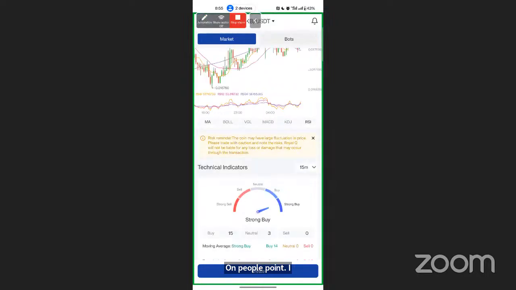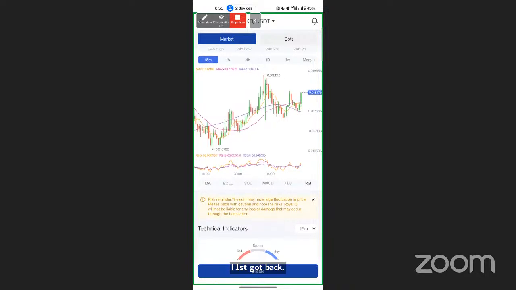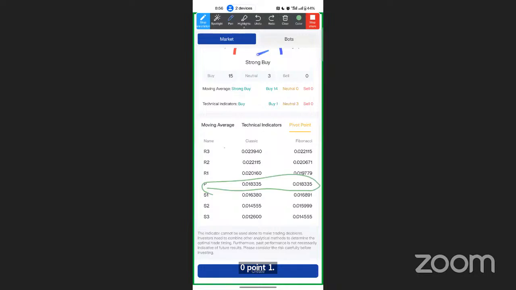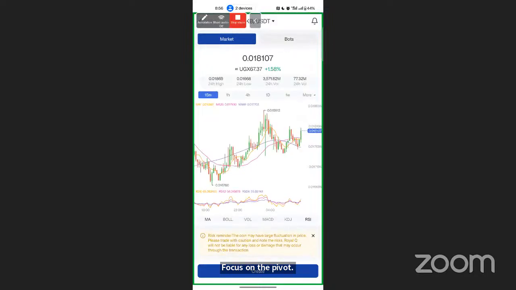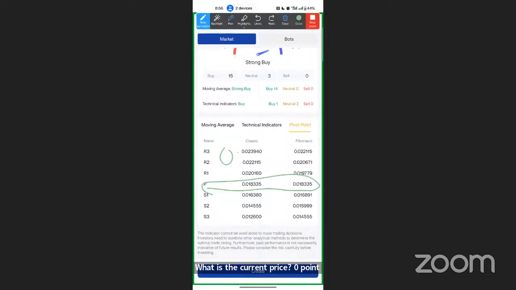I first go back, look at current price, 0.18175. Focus on the pivot. What is the current price? 0.0180.